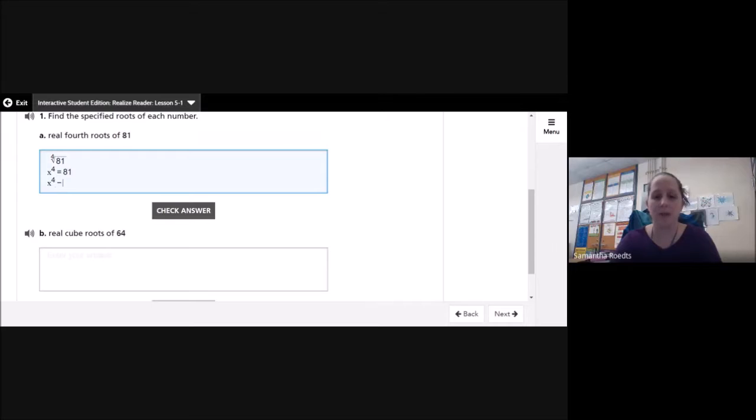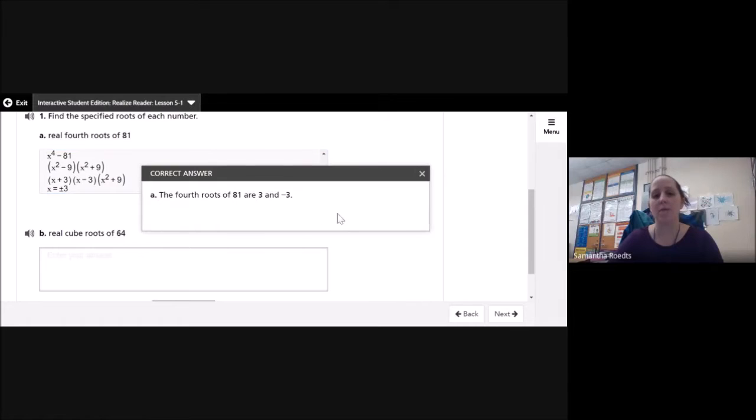So x to the fourth minus 81 gives me x plus 3, x minus 3, x squared plus 9. This will give me roots of plus or minus 3, and x squared plus 9 will give me imaginary roots. So plus or minus 3 are my real fourth roots of 81.